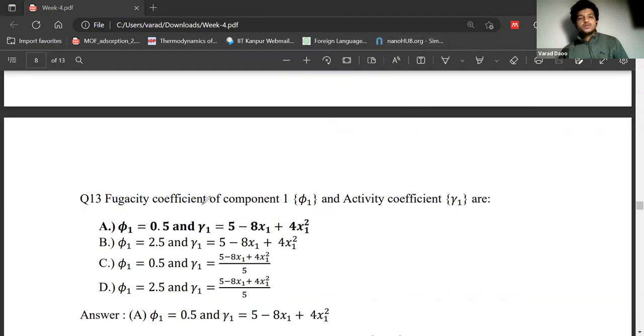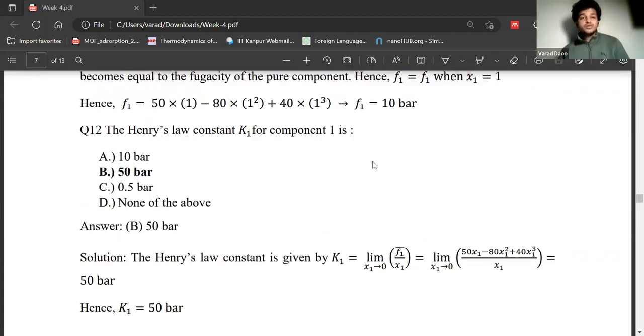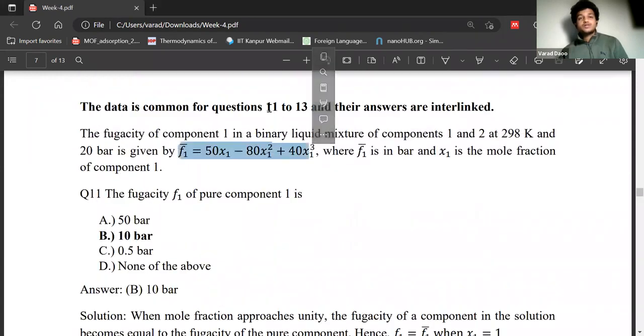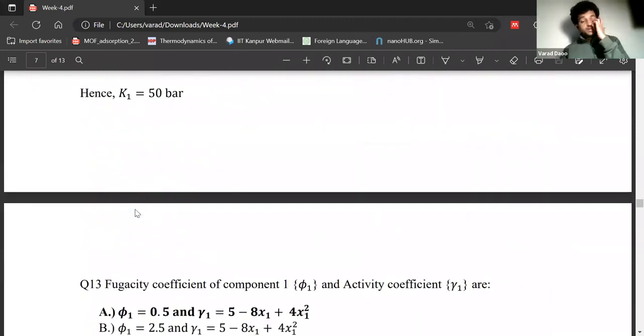So what we have is the fugacity coefficient of component 1, that is phi 1, and the activity coefficient gamma 1. This is a continuation of the previous question. So this is the expression for F1 bar, right? It is for questions 11 to 13. We have solved 11, question number 12, and question number 13.